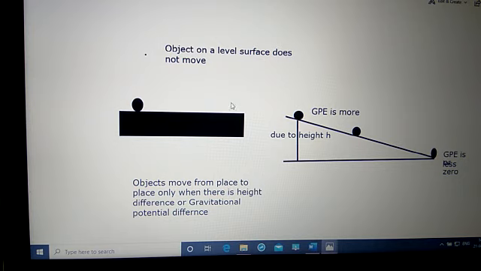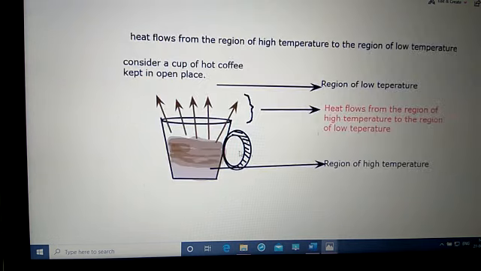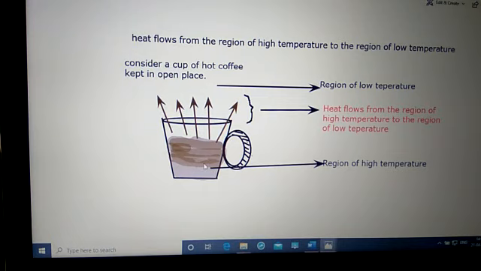See, my dear students, in the first example, water starts flowing from a high pressure region to a low pressure region. In the second example, air starts blowing from a high pressure region to a low pressure region. Here the football is moving from high gravitational potential to low gravitational potential. Again, you can imagine a hot coffee in a cup. You keep this hot coffee in an open place. After a few minutes, what happens?